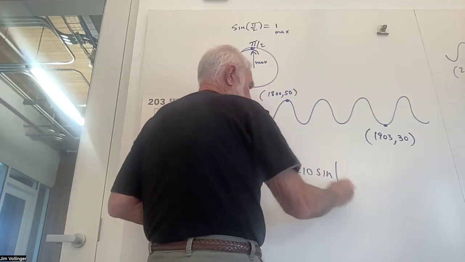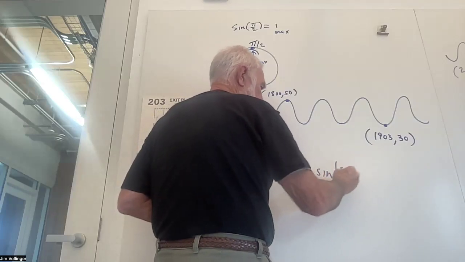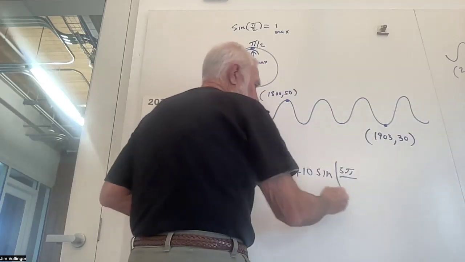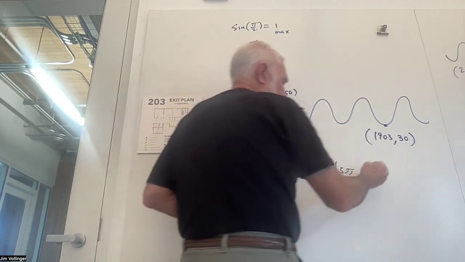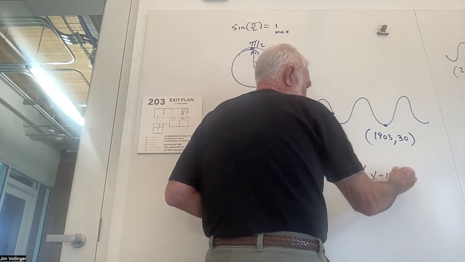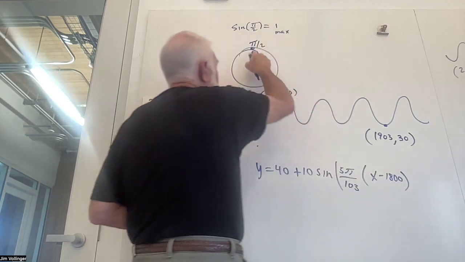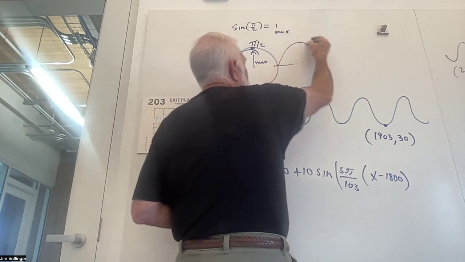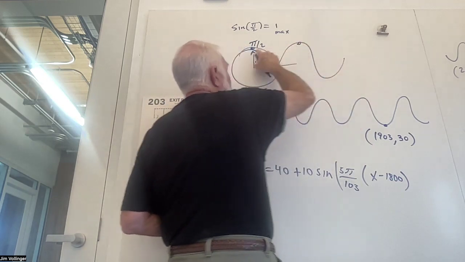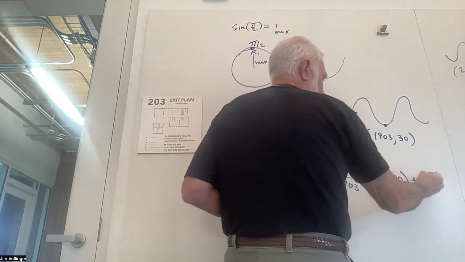So 2.5 revolutions takes how many years? 103 years. Provided I start with 1800. And I want to be at a max, and the sine function's height goes up, down, and maxes out at pi/2. So I'll just sneak a pi/2 in there.